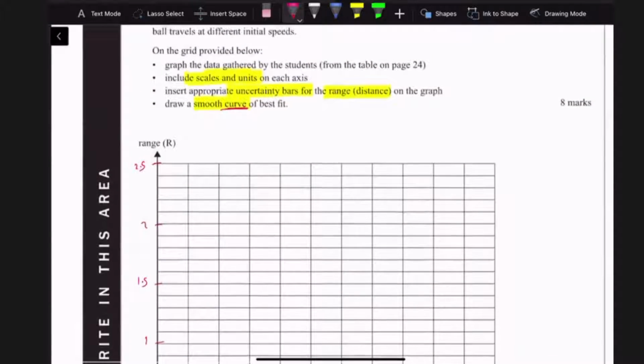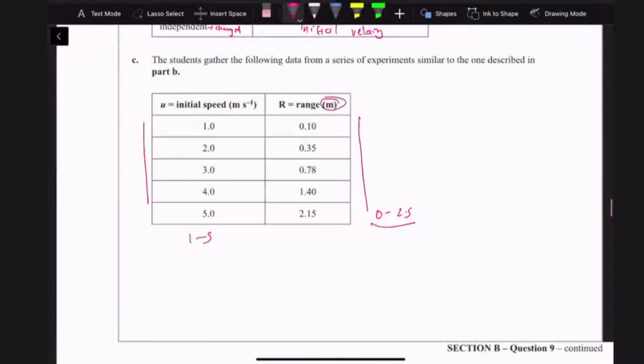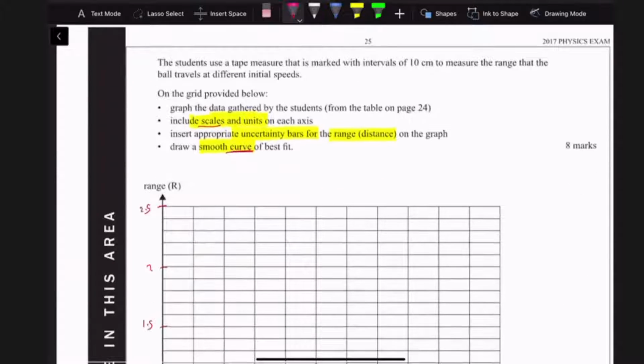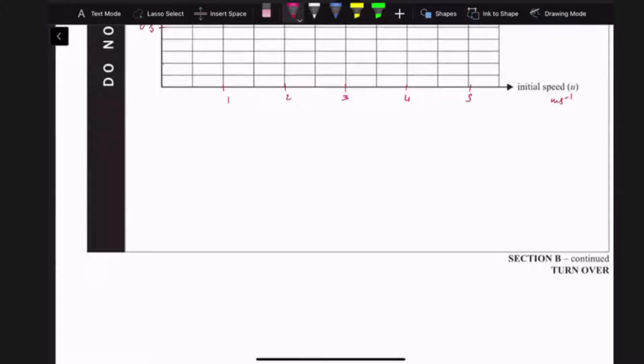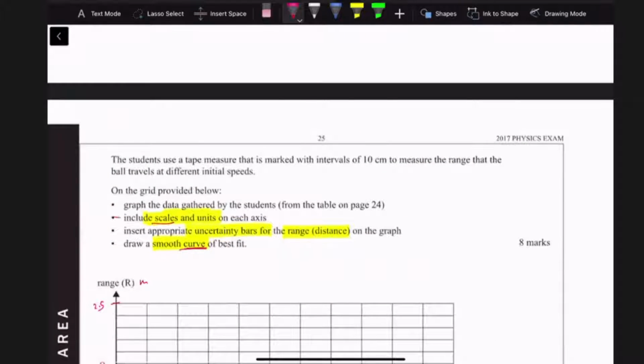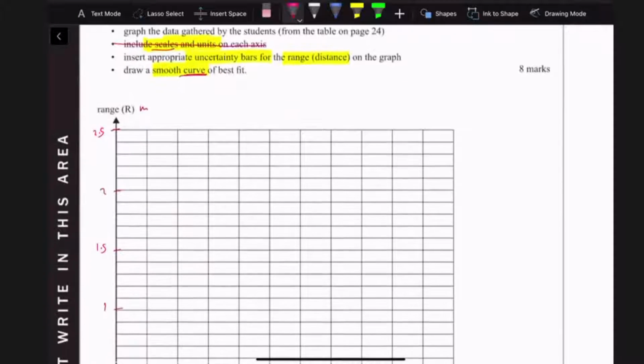So we've done scales. The next thing is units. They've already given us the units: meters and meters per second. So we just have to put meters and meters per second. And so we've done this whole dot point. Now we have to do uncertainty bars for the range.